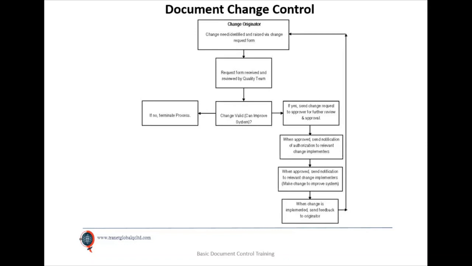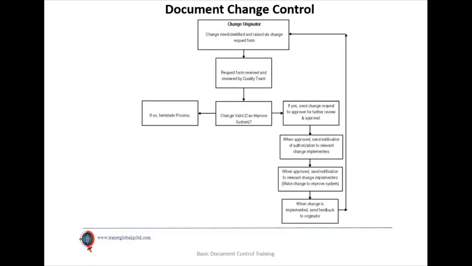But when the change is now implemented, it means you're doing the change. In the course of implementing the change, you're checking to be sure that this change implementation is still going as planned and that in no way is it affecting the integrity of the system negatively.